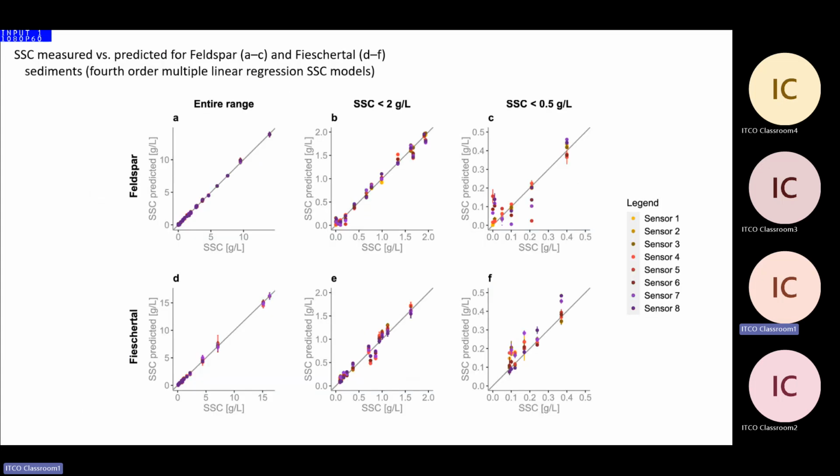This gives you an example of the kind of data that they're getting out of this. This is an example of SSC, or suspended sediment concentration, that's been measured and estimated based on their turbidity sensor. And these are just showing 3 different ranges of SSC.